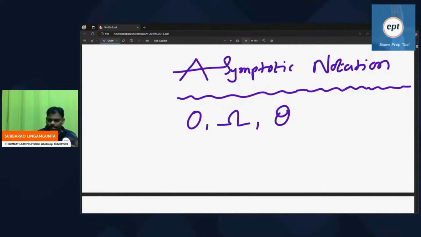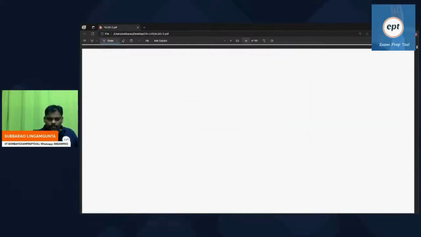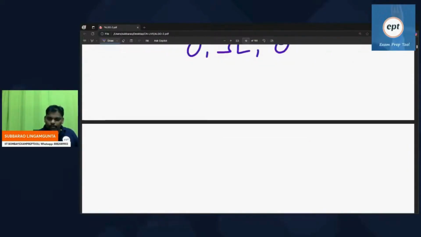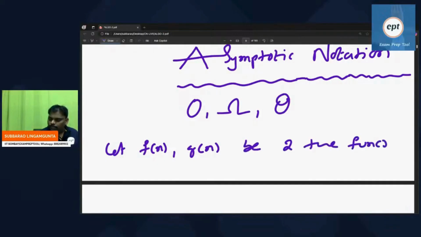Let's write the big O notation. But before going into all these three, let me write one small line. Let f of n, comma, g of n be two positive functions.